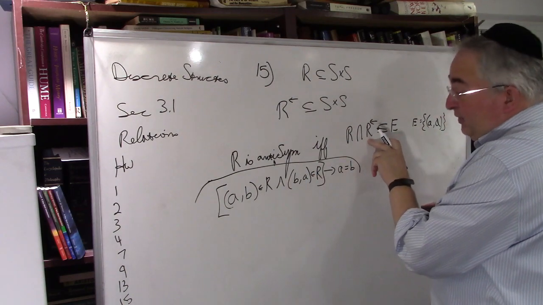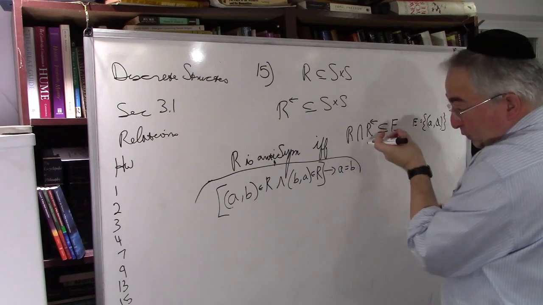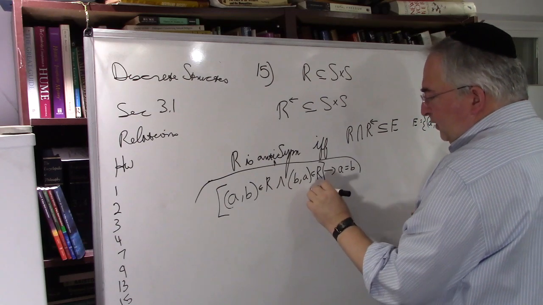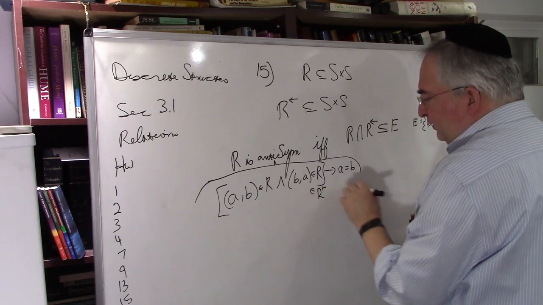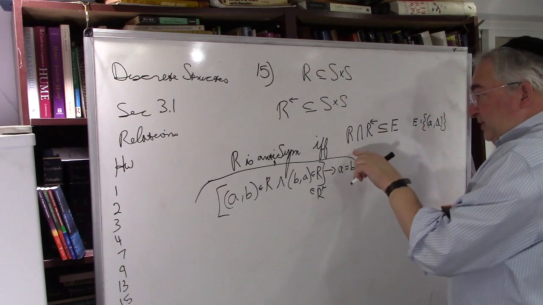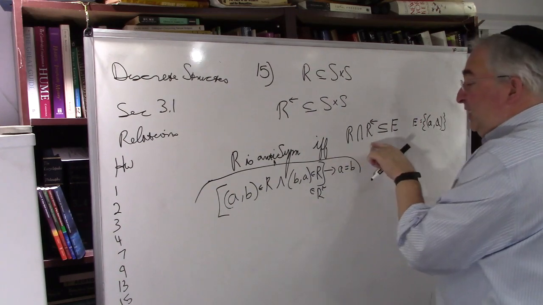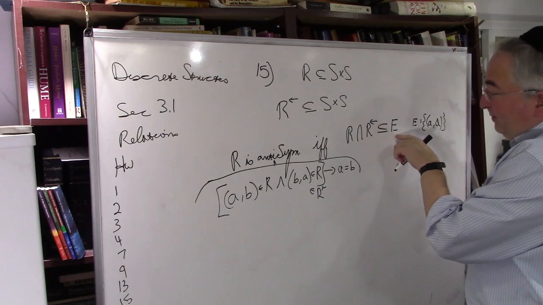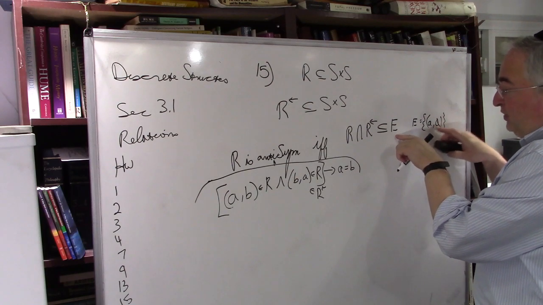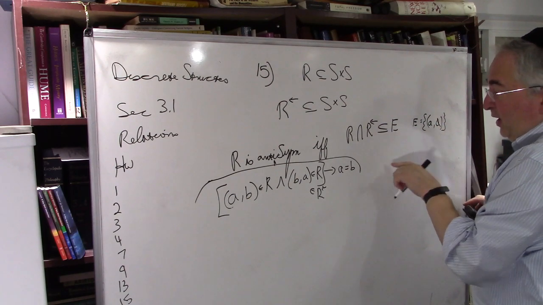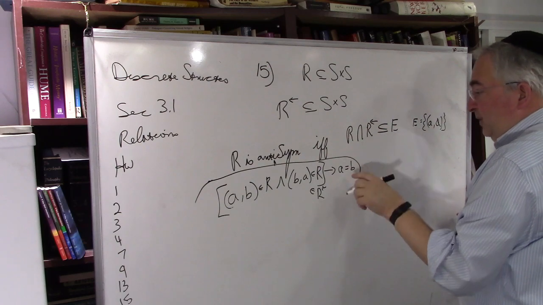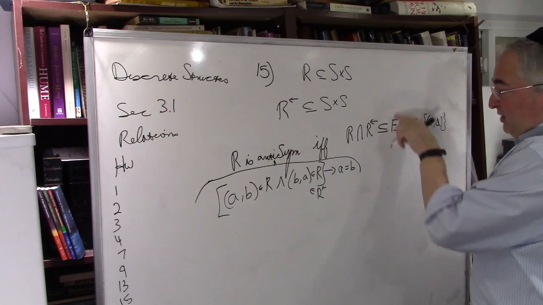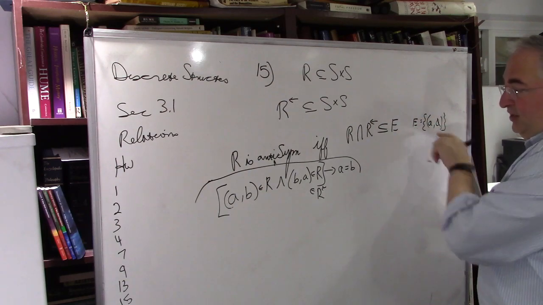It's those things where AB is in there, but with the order swapped. So that means it's a member of R inverse. Well, the only objects that are both in AB and their inverses in AB are those things that are a subset of ordered pairs of themselves. So the only way AB and BA is in there is if A and B is this special subset of only just the same things.